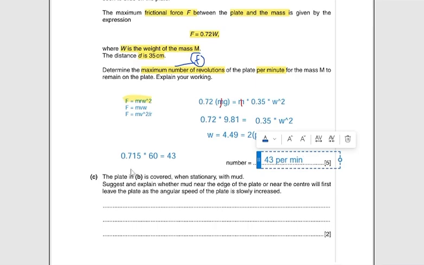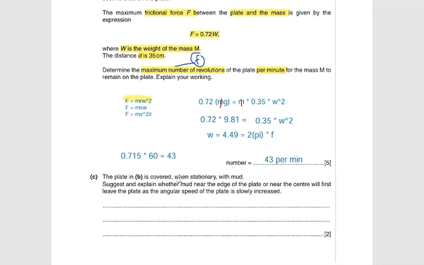Now the C part. The plate in B is covered when stationary with mud. Suggest and explain whether mud near the edge of the plate or near the center will first leave the plate as the angular speed of the plate is slowly increased.